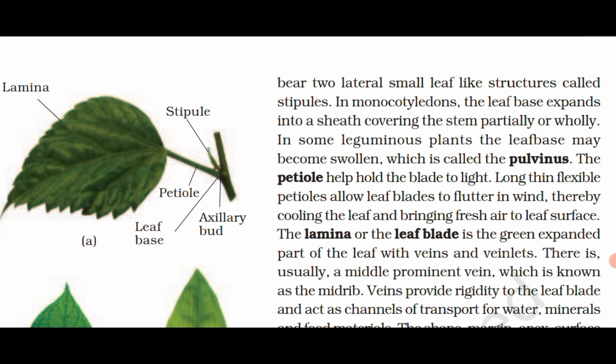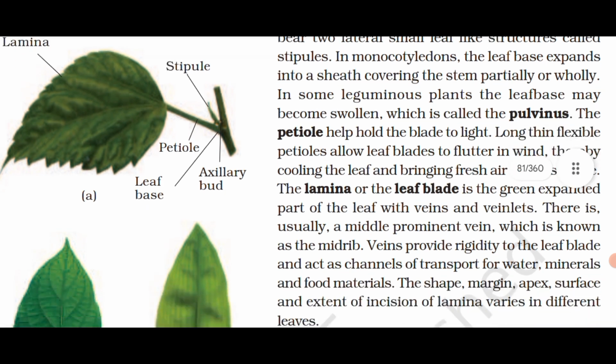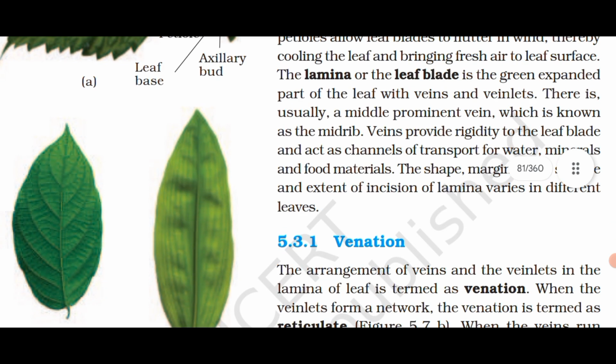Long, thin, flexible petioles allow leaf blades to flutter in wind, thereby cooling the leaf and bringing fresh air to the leaf surface. The lamina or the leaf blade is the green expanded part of the leaf with veins and veinlets. There is usually a prominent median vein, which is known as the midrib.